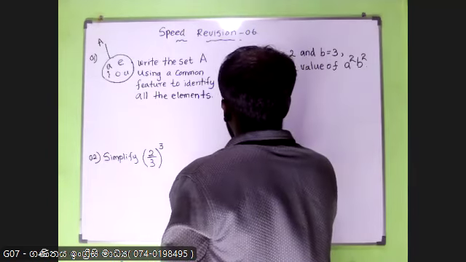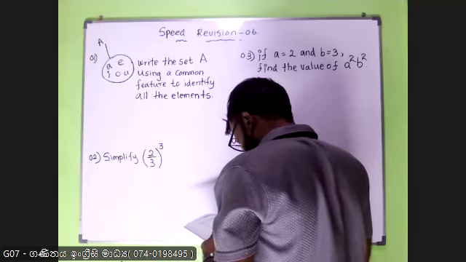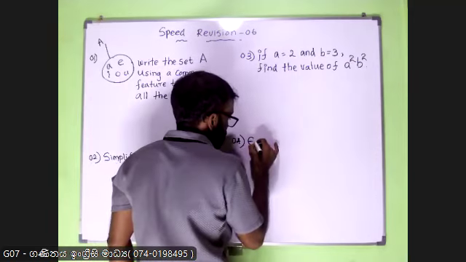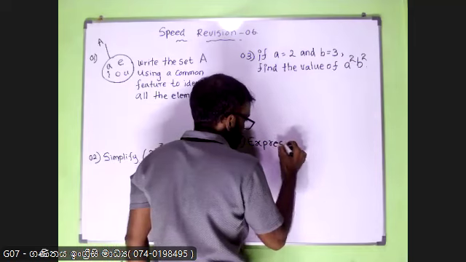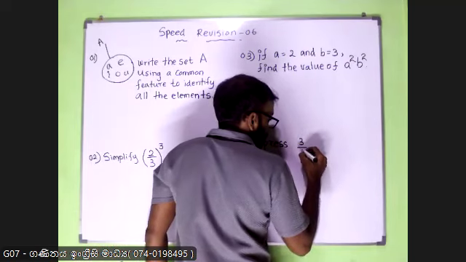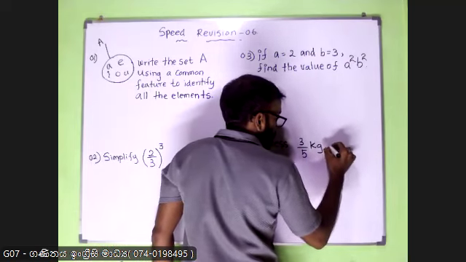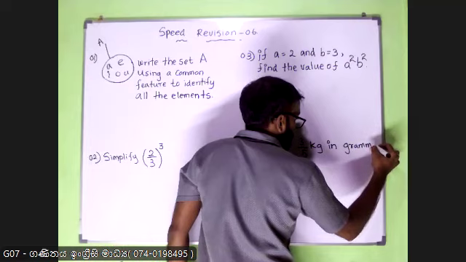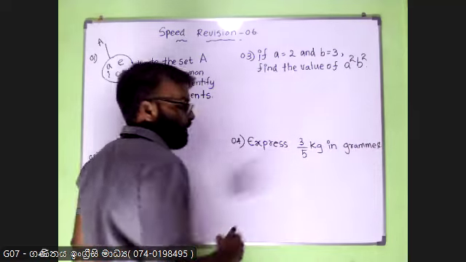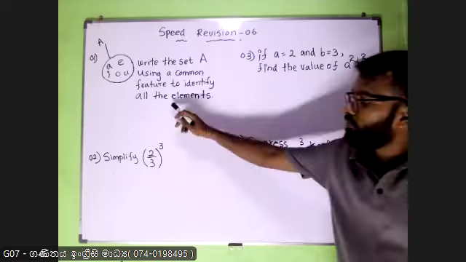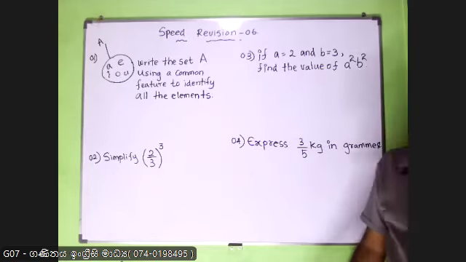Fourth one. Express 3/5 kilograms in grams. Do these things: first one, second one, third one, fourth one.